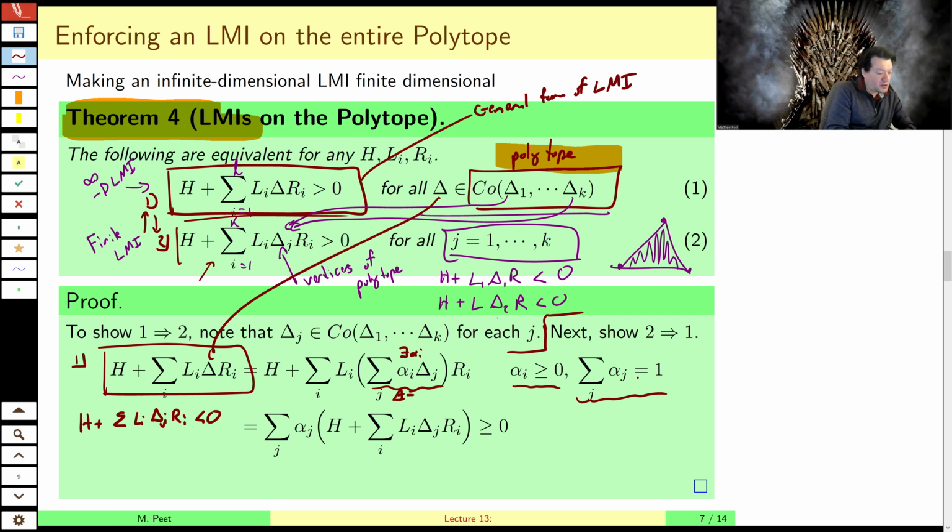So what do we do with that? Well, first of all, we can multiply H by the sum of alpha_i, because that's just equal to 1. So we just multiply that term over there by alpha_i. And then we notice that these alphas are scalars, right? So we pull the summation out of this term.